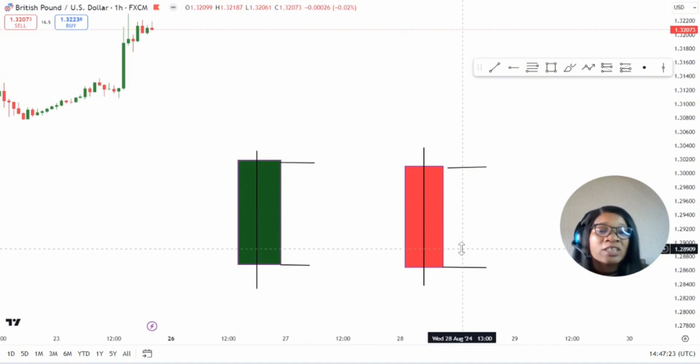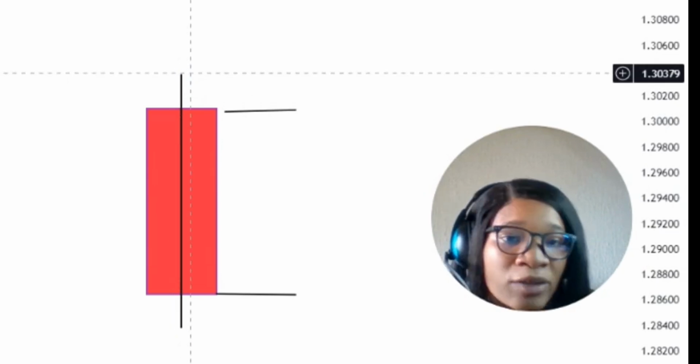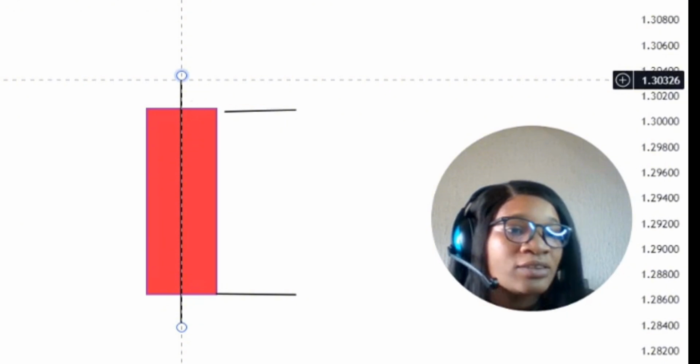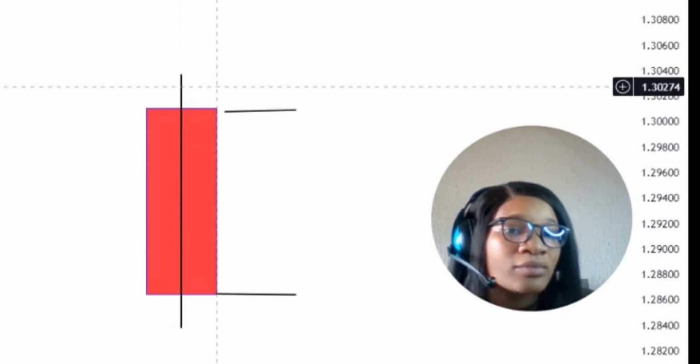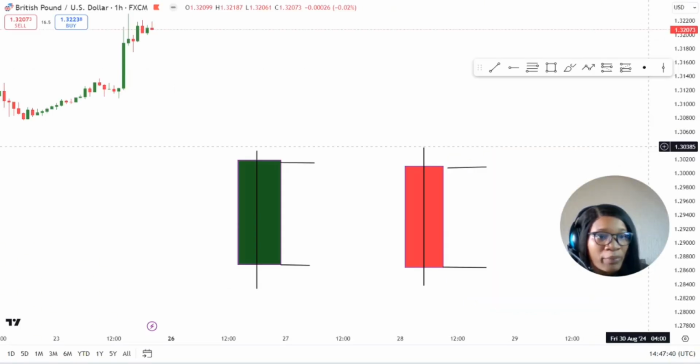It is just telling you that this is the highest point. So from my computer I can see that the highest point is, hold on, 1.3038. Okay, 1.30385 is the highest point that price went to within this hour.